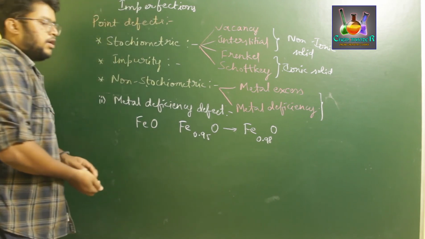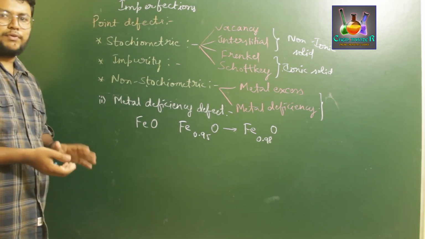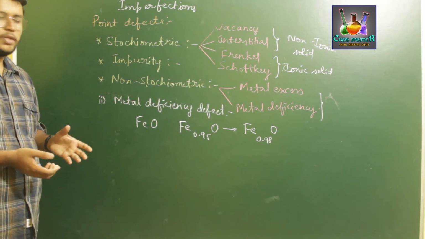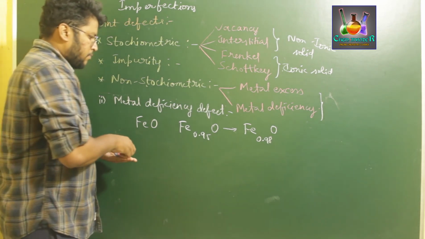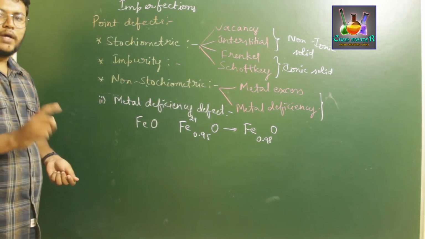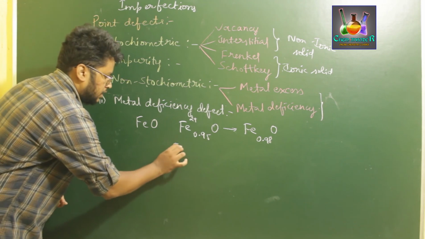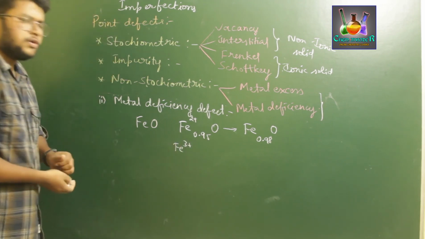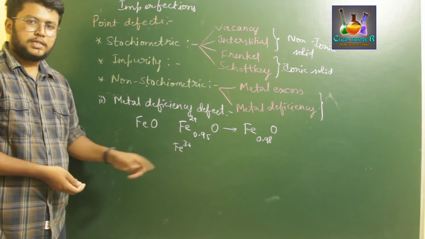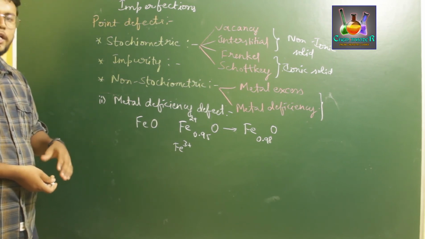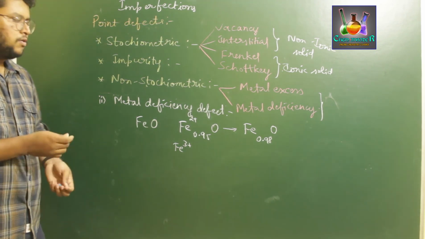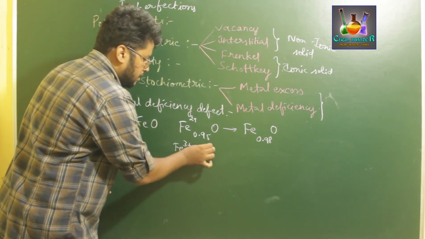That is, if you consider 100 units of FeO, we have 100 Fe atoms in the form of Fe2+. Out of these 100 Fe2+ ions, about 5 Fe2+ are replaced by Fe3+. So here we are replacing Fe2+ by Fe3+ ions, which leads to an additional positive charge that can be overcome by adding some electrons.